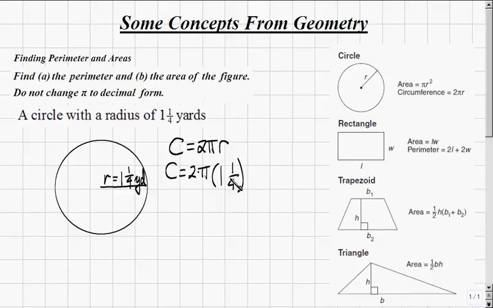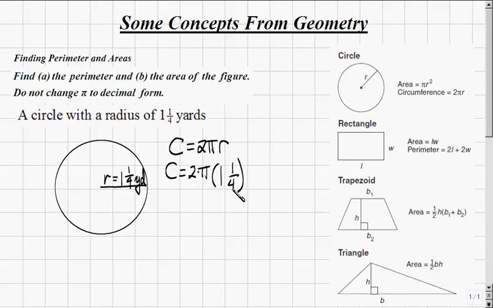For us to simplify this, we're going to, for the time being, forget about the pi and write that in our final answer at the very end. Furthermore, let's convert 1 1/4 to an improper fraction so that we'll be able to multiply it by pi.